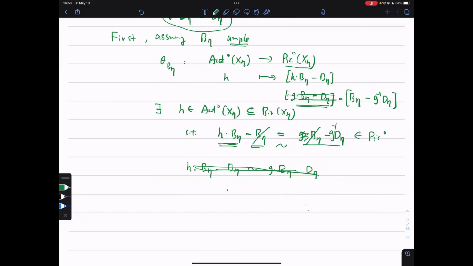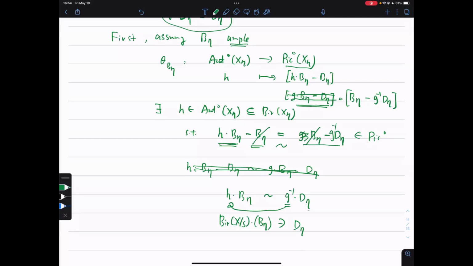So we have H(B_eta) equal to G inverse D_eta. And now we know this D_eta is contained in the cone generated by the birational group acting on this B_eta. Because it's a birational automorphism, you can put it here.